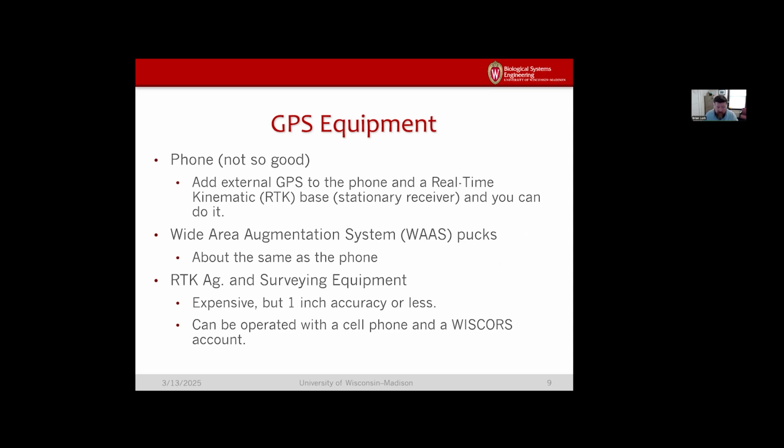So that's another thing that Dr. Luck may be trying here shortly, to see if I can get RTK accuracy and control by using my phone, which seems like really fun to me.